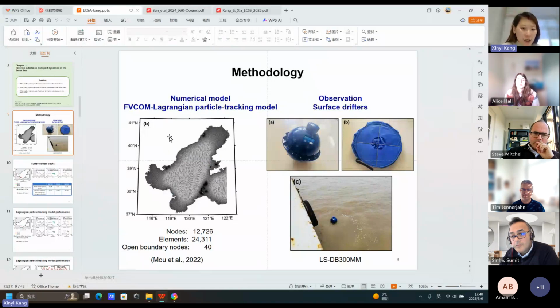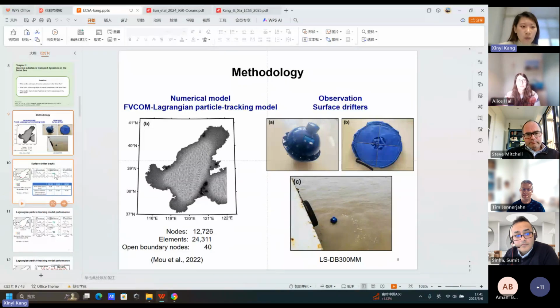So first we do the calibrations of the hydrodynamics. Our model FECOM was already published in 2022, in Estuarine, Coastal and Shelf Science. So if you need this paper, I will forward it to you. This mainly calibrates the hydrodynamics for the Bay.